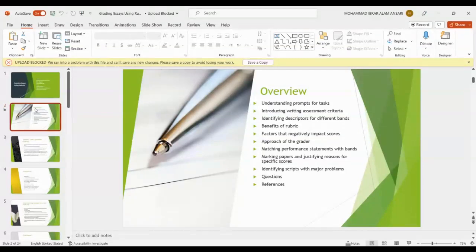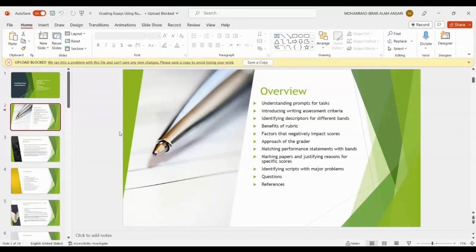Afterwards, we'll look at different descriptors related to bands. We'll also take a look at benefits of rubric. And then we will move to factors that negatively impact scores, factors that bring scores down.